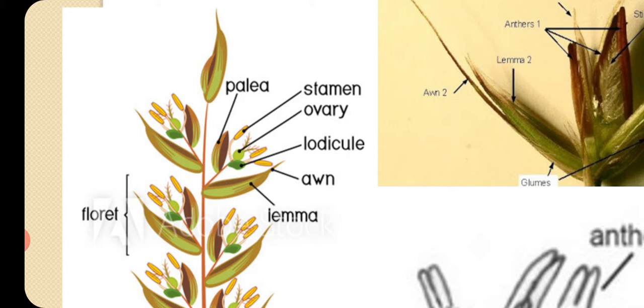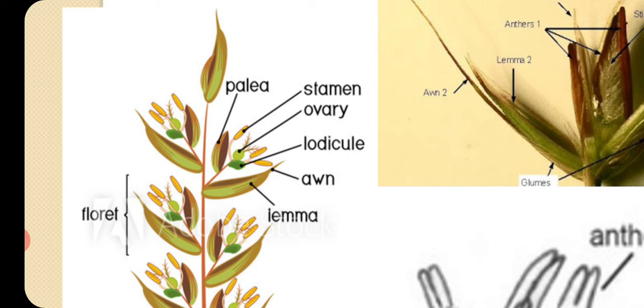The flower is enclosed by another membranous structure from above, which is called the palea. Just above the lemma you can see a smaller one, like a base and a lid.